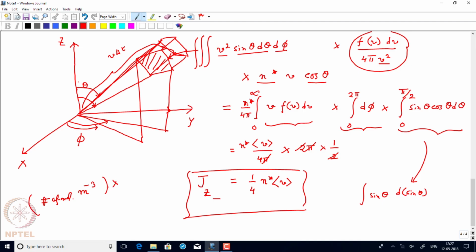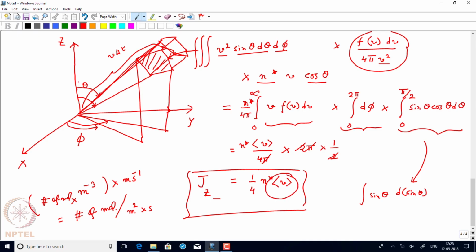And average velocity is meter per second. Together, the dimension is number of molecules, or number of particles in some cases, times meter to the power minus 2 and second to the power minus 1, which is nothing but number of molecules per unit area per unit time. That was the definition of the flux, and it is not surprising that we got the correct definition.